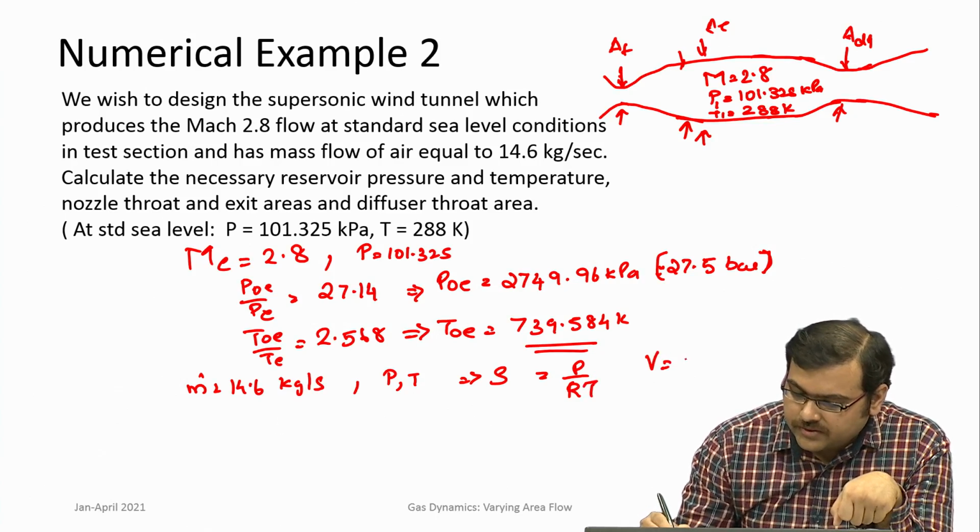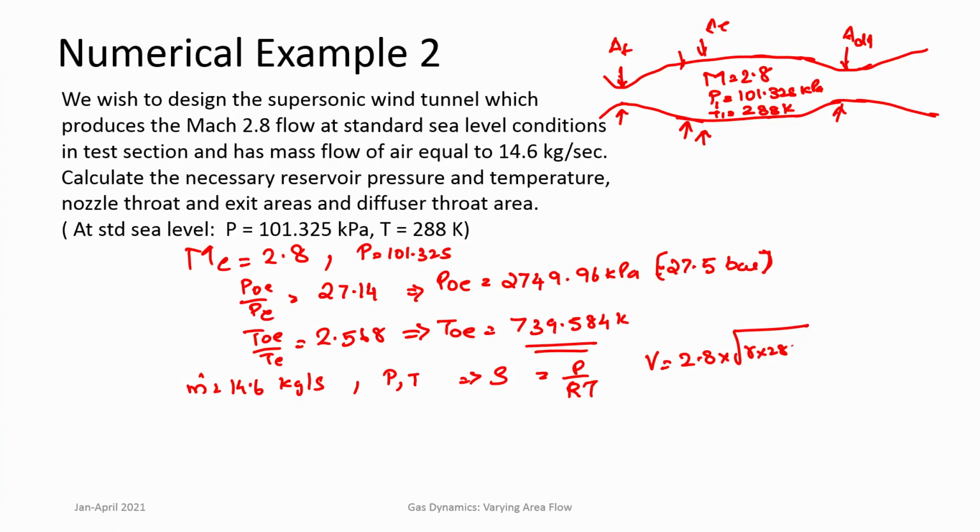So velocity is Mach number 2.8 multiplied by square root of gamma RT, gamma 1.4, R 287, multiplied by 288. So this is velocity, it turns out to be 952.48. So area is m dot by rho V at exit, this is 0.0125 meter square.